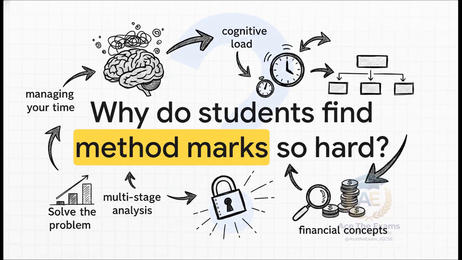It requires weighing two competing sources of finance against each other and arriving at a justified conclusion. Similarly, explain just wants you to make a concept clear, whereas to what extent forces you to acknowledge counter-arguments and gray areas. Grasping these constraints is the first step to unlocking the top mark band, and solving this exact cognitive overload is what we are conquering today.